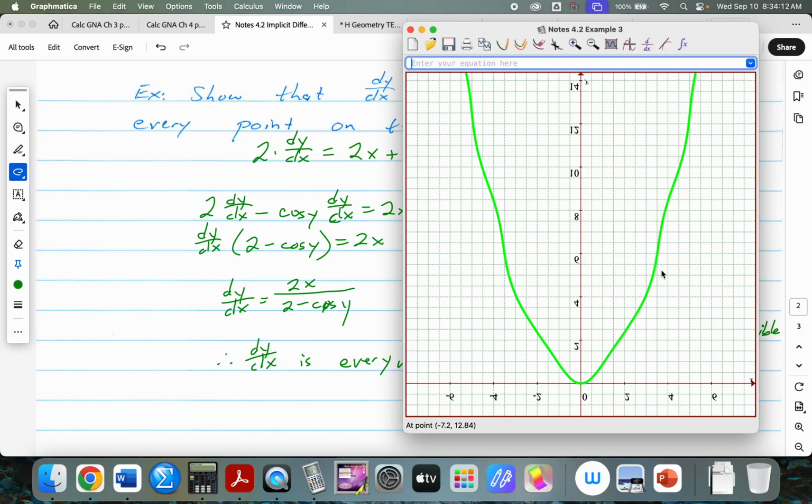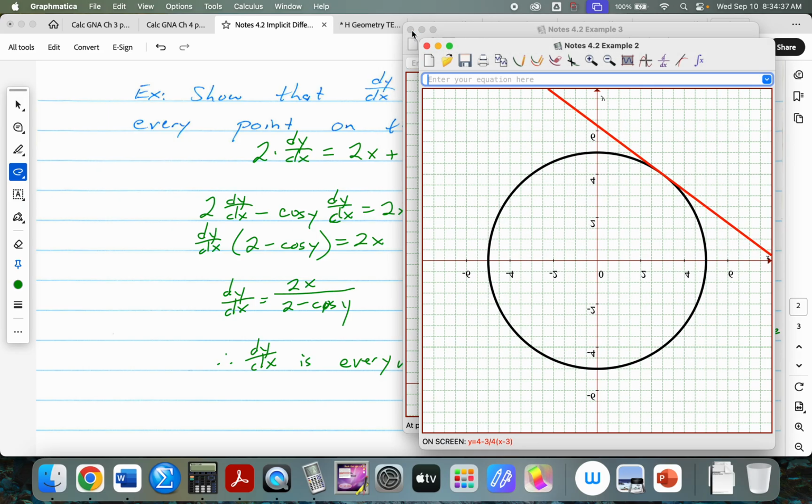And I don't have any sudden changes in the derivative, right, where the tangent line, there's no corners or anything like that. And the steepest it gets is somewhere in here, and is that vertical? Not quite. So the graph agrees with, yeah, that should have a derivative at every point.